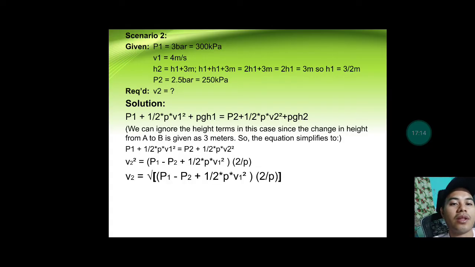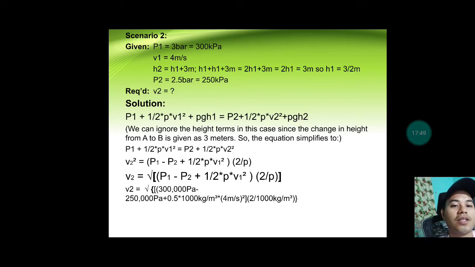So we have to square root the V2 squared, so the power of 2 will be cancelled, while on the other side the square root will be retained. So square root of the whole P1 minus P2 plus 1/2 times density times V1 squared, times 2 over P. So we have to solve this first inside the bracket before using the square root.